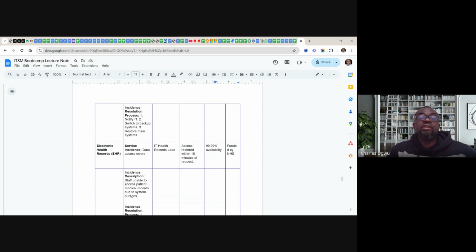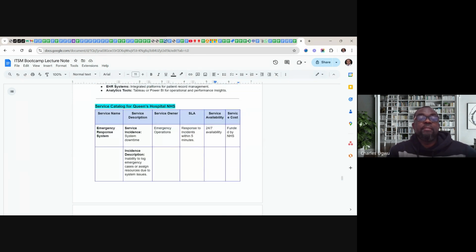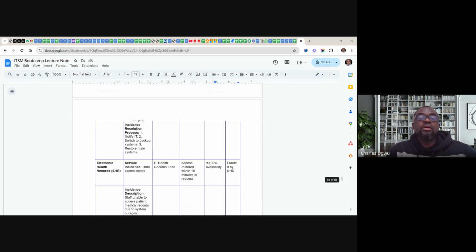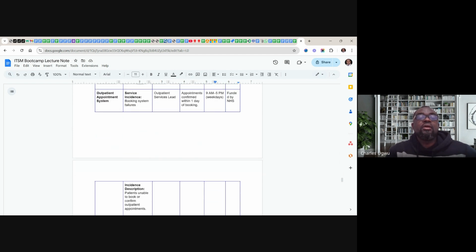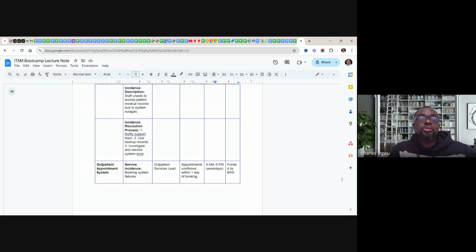And within these services, for instance the emergency response service, the incident here can be system downtime, inability to log emergency calls or assign a resource due to system issues. Then for electronic health record, you can see the kind of incident here is data access error. Then another service here is outpatient appointment system, and the incident can be booking system failure.